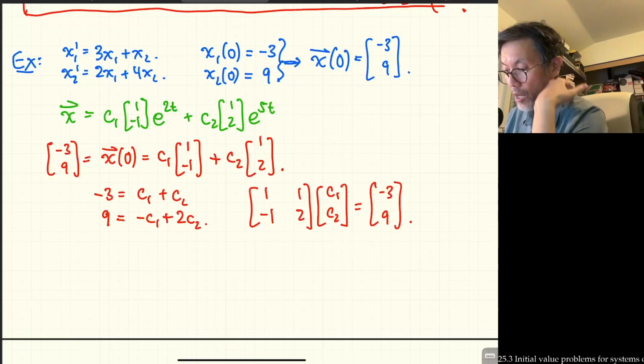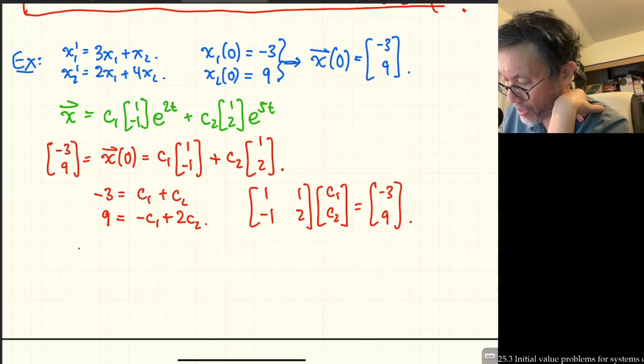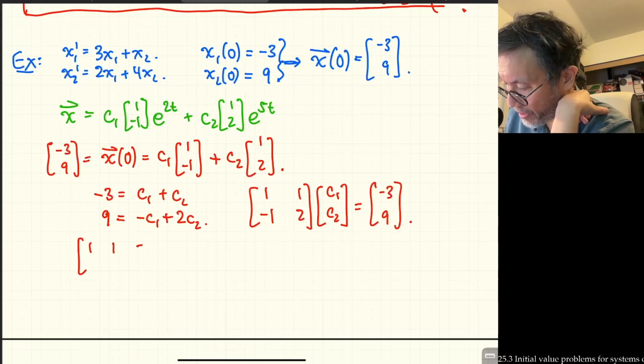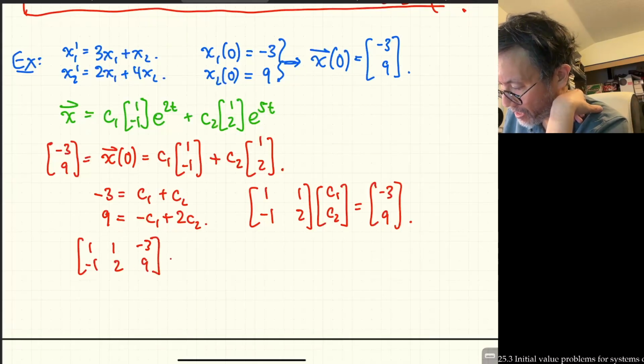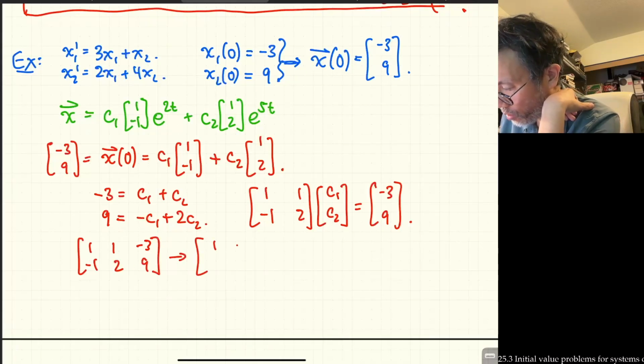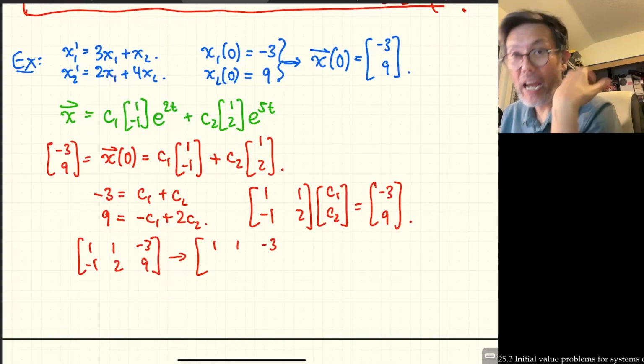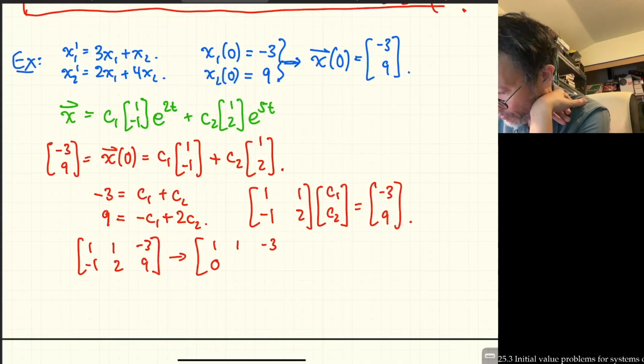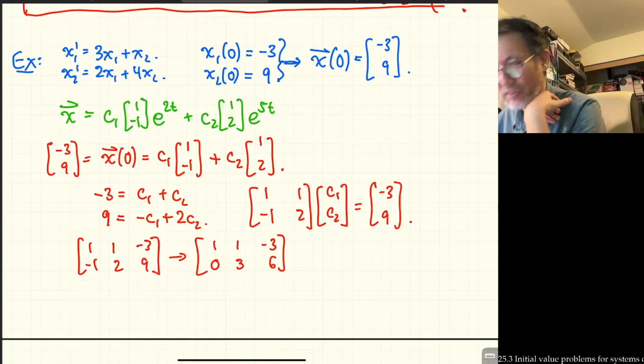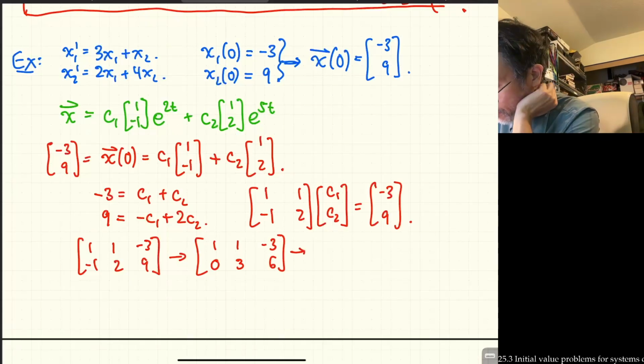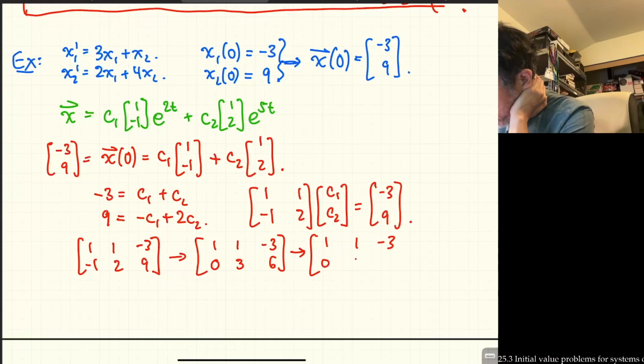I'm going to write down the augmented matrix for this system. That's going to be 1, 1, negative 3, and negative 1, 2, 9. Now I'm going to do row ops. I get 1, 1, negative 3. I'm going to add row 1 to row 2, and I get this. Then I'm going to multiply row 2 by 1/3 to get this.